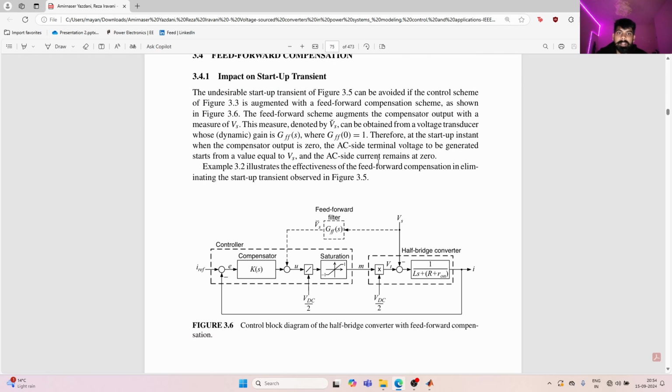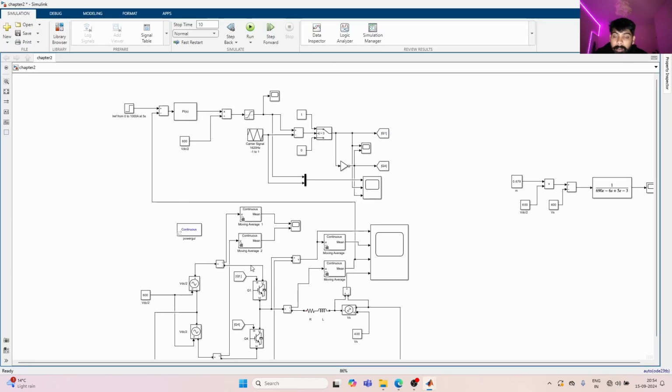And initially, if from the starting itself our terminal voltage is 400 volts, then we'll have a zero current in the beginning itself, right? But we just saw that the output of the compensator starts from 0. So we'll add a block here, which is, let's take this one.